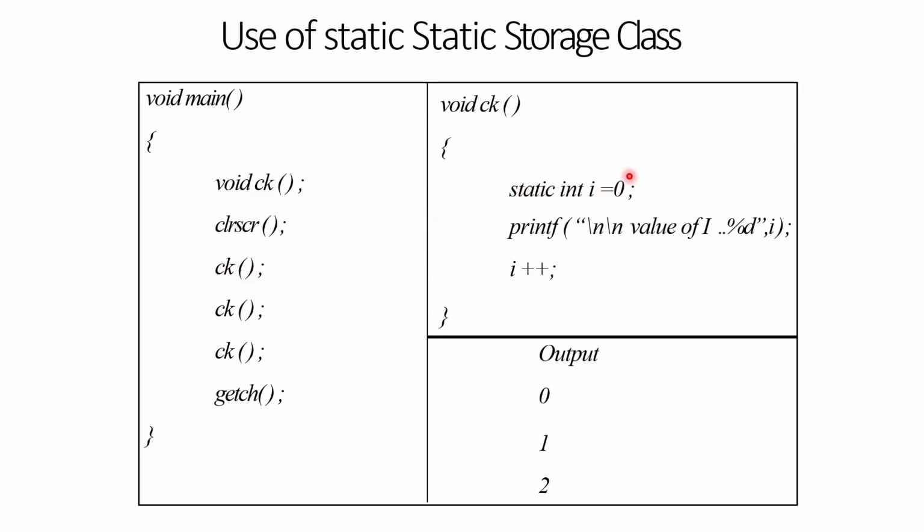At that time, this I will get allocated, and its 0 will get printed.